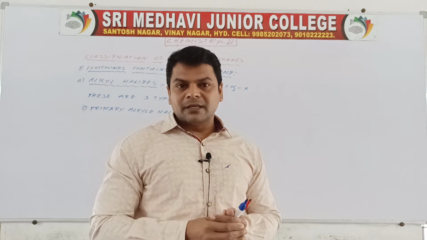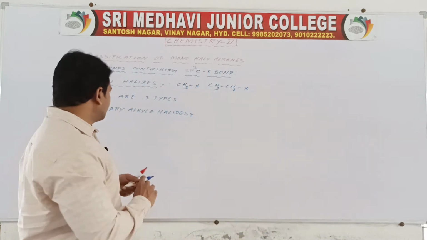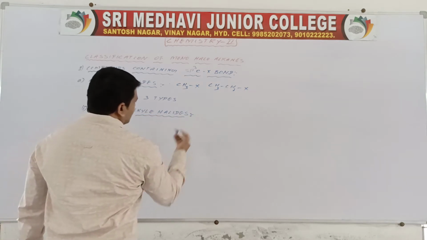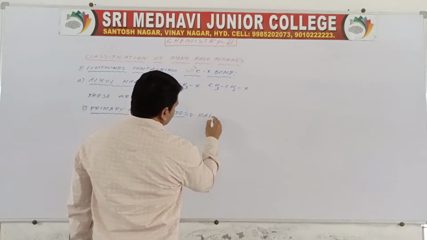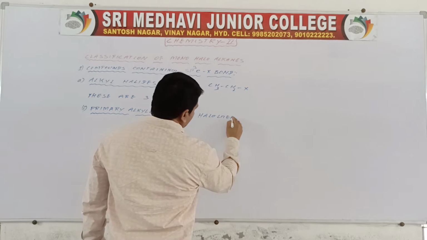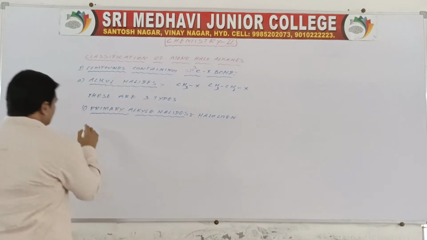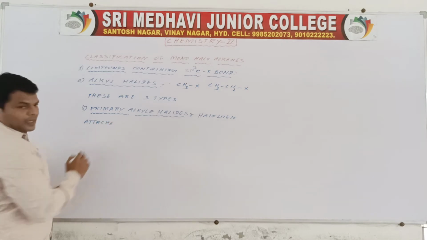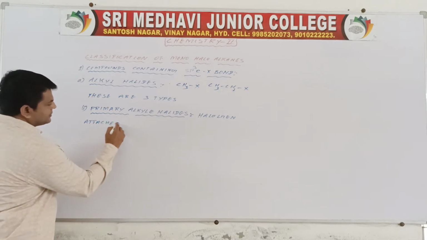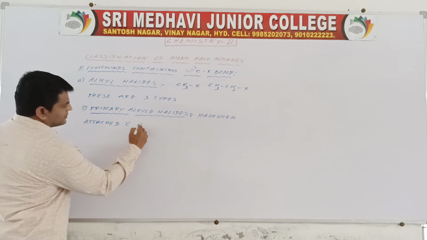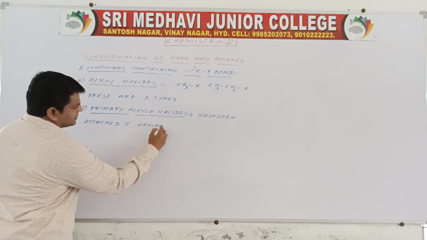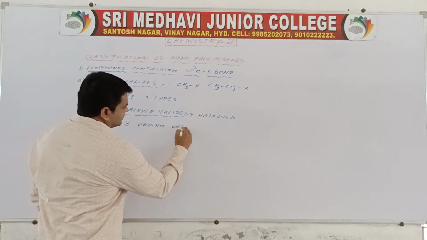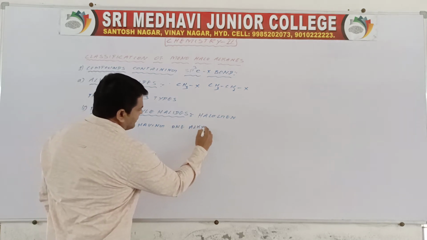They are nothing but primary alkyl groups. So primary alkyl halides means the halogen-attached carbon having one alkyl group.